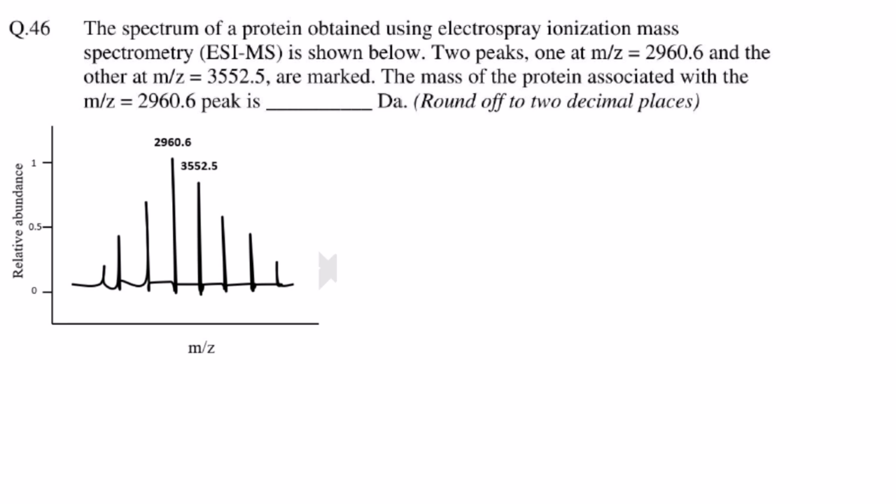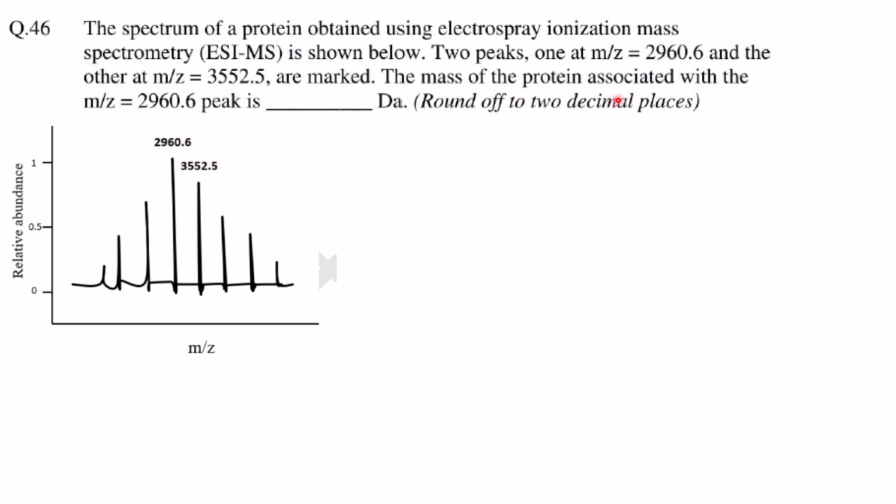The spectrum of protein obtained using electron spray ionization mass spectrometry is shown below. Two peaks, one of m/z 2960.6 and the other m/z 3552.5 are marked. So this is that peak and this is the other peak.